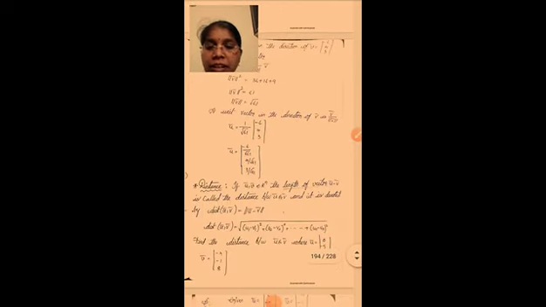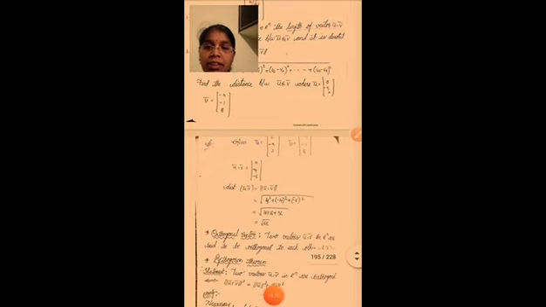And next, distance. If u bar comma v bar belongs to R to the power of n, the length of vector u bar minus v bar is called the distance between u bar and v bar, and it is denoted by distance of u bar comma v bar is equal to norm u bar minus v bar. So here we have to take two vectors from R to the power of n.